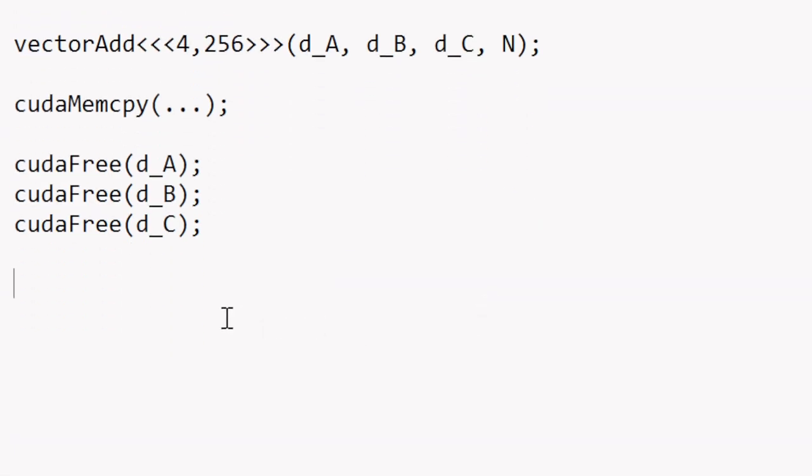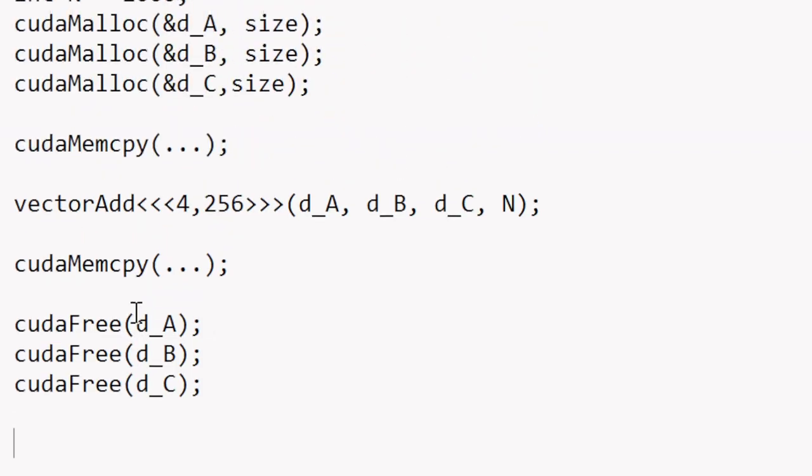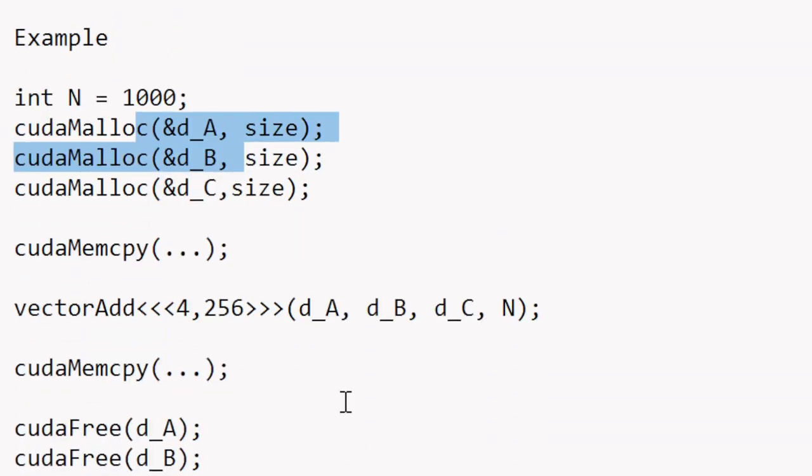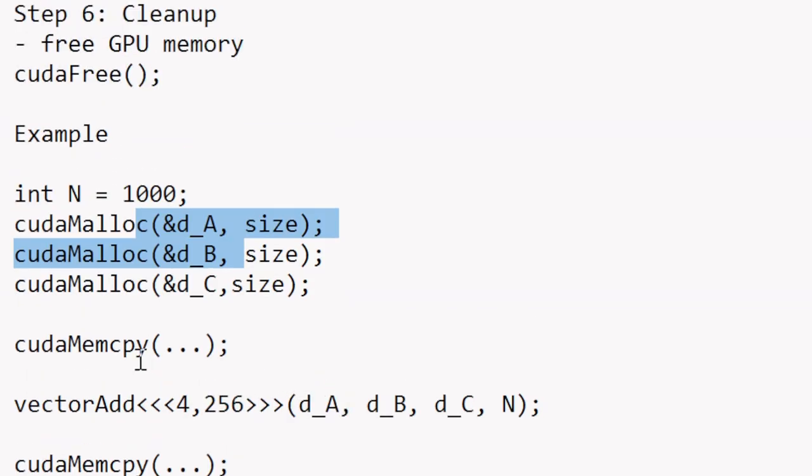Here's what's happening. We allocate memory for input and output arrays on the GPU, copy the input data from CPU to GPU, launch the kernel with 4 blocks and 256 threads per block, perform the computation, copy the results back, and free all GPU memory.